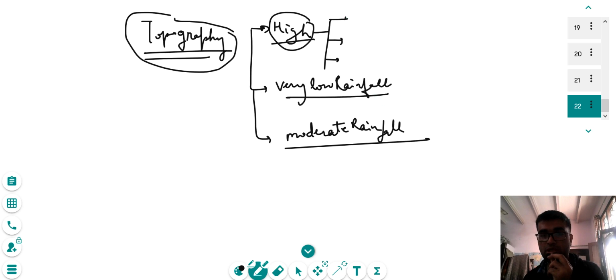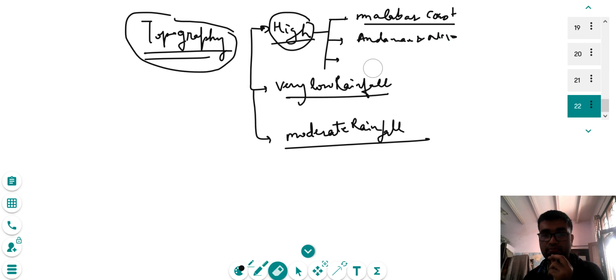One is the Malabar coast in Kerala. The second one is the Andaman and Nicobar. And the third one is the northeast, particularly Meghalaya and the Himalayas, the northeast region of India.